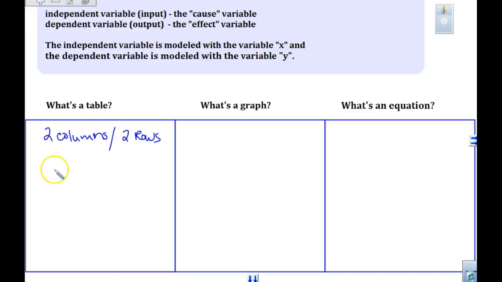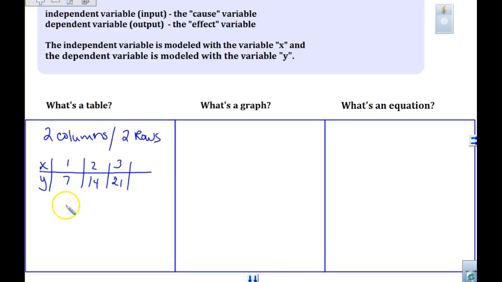And usually you're going to have something like this. This would be if we are doing rows. Where we have X and Y, and we have maybe at 1, they were 7, and at 2, 14, and at 3, 21, and we could continue that way.